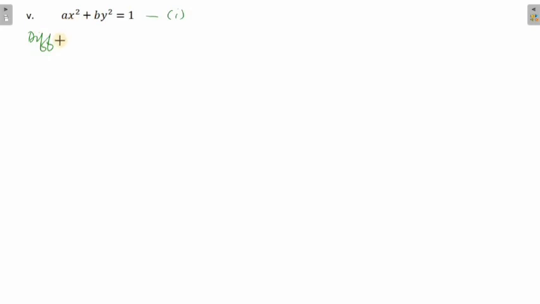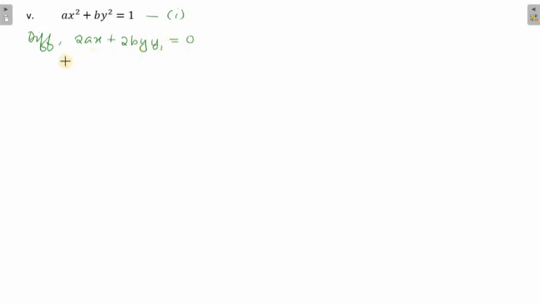So differentiating with respect to x, we have 2ax, a is kept as it is, since differentiation of x squared is 2x, plus similarly 2by, but we need to differentiate y also, so the differentiation of y becomes y1, is equal to 0.